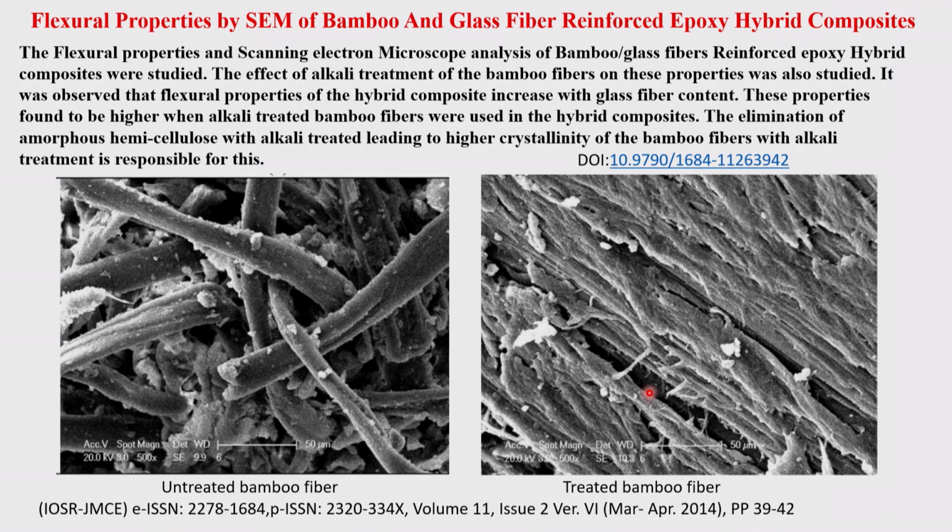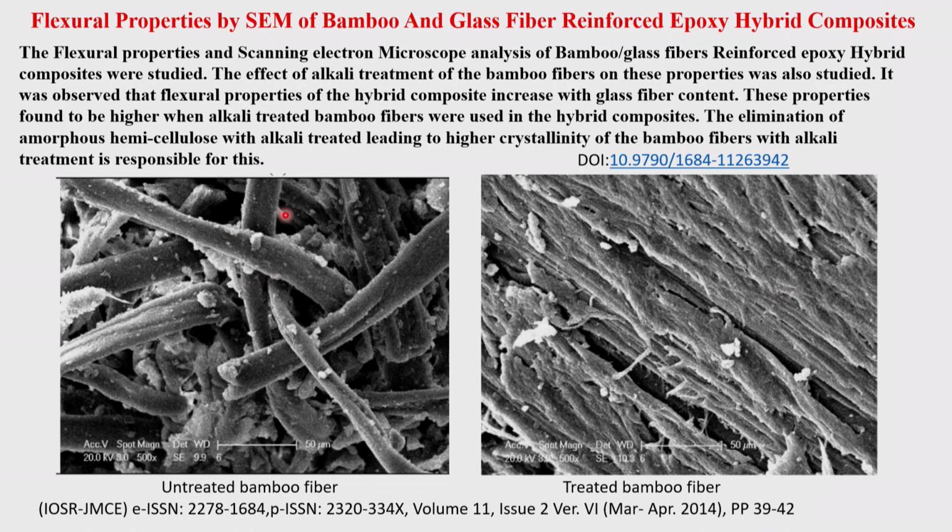And then you treat these bamboo fibers with alkali treatment and without alkali treatment. So this is without alkali treatment, this is with alkali treatment. And anyone can say just by looking at it, here these are all random, here everything is arranged. So that means more crystallinity has been developed.